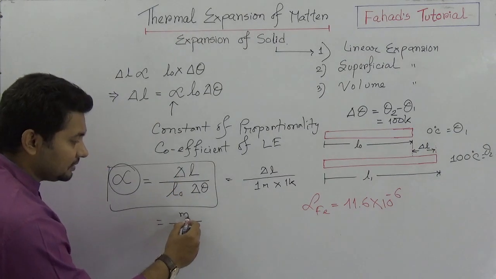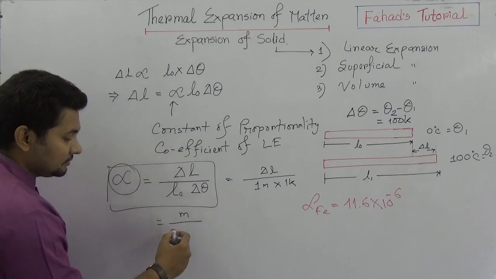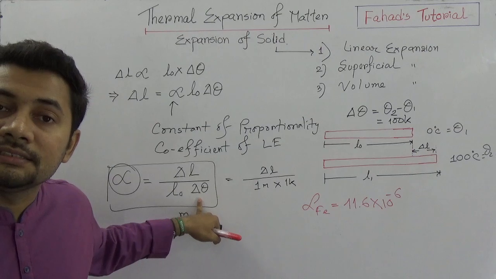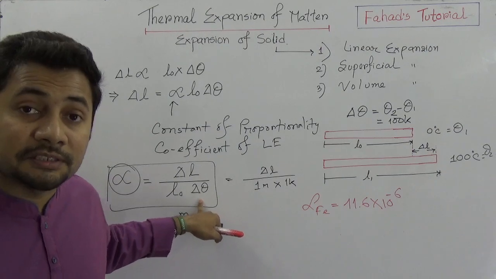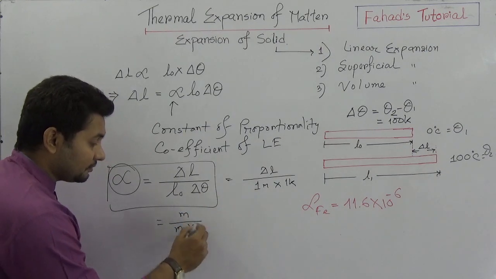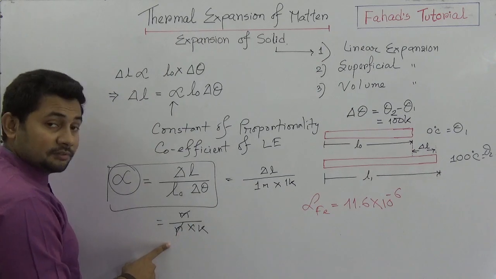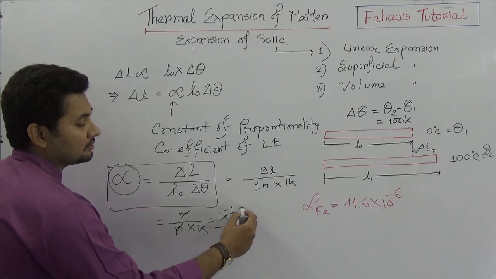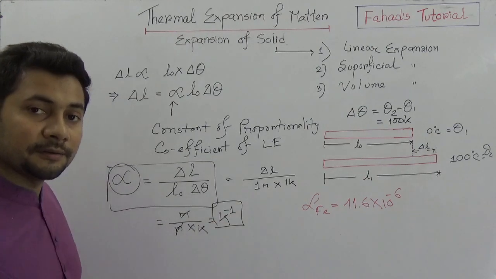L naught is also length, so that is meter also. But del theta is temperature, whose unit is Kelvin, so we can erase meter from both sides. So the unit of the linear expansion coefficient is per Kelvin.